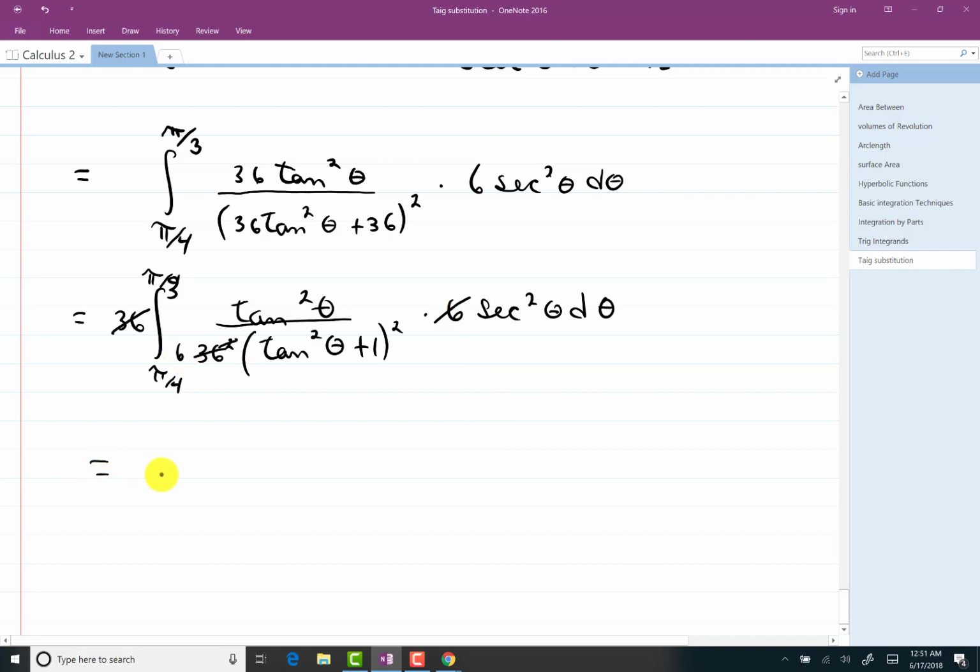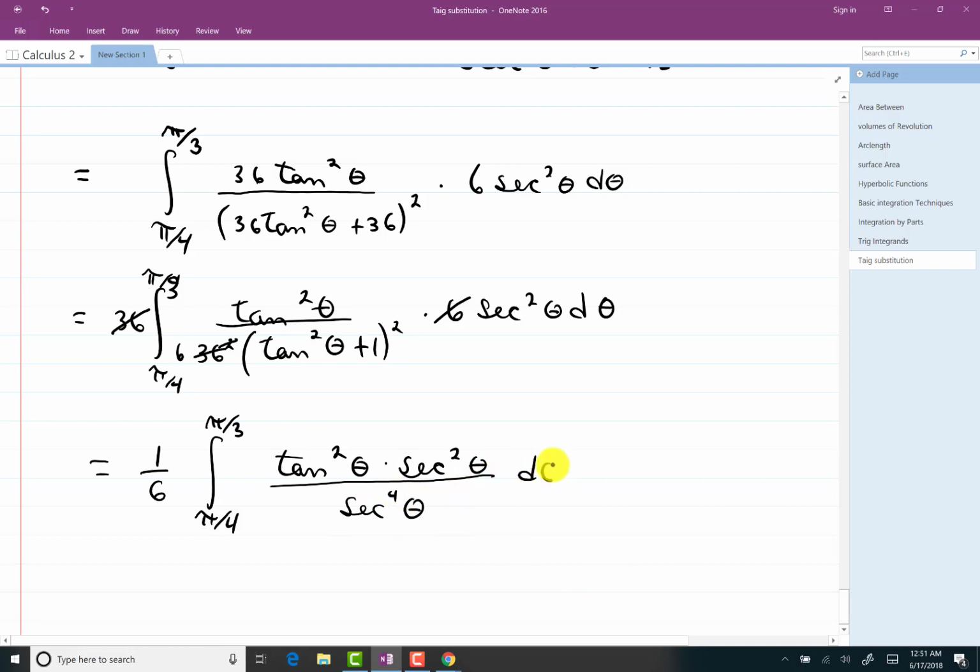And all in all, this leaves me with 1 over 6 integral pi over 3 pi over 4 tangent squared of theta and then I have secant squared of theta, all in the numerator. In the denominator, this part is secant squared of theta, but then you're going to square it, so you're going to get secant to the fourth of theta, d theta.